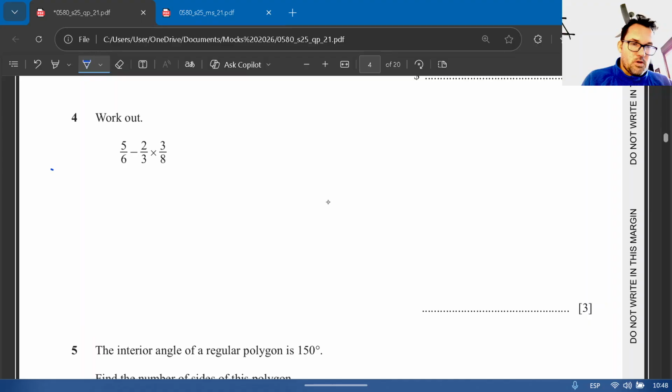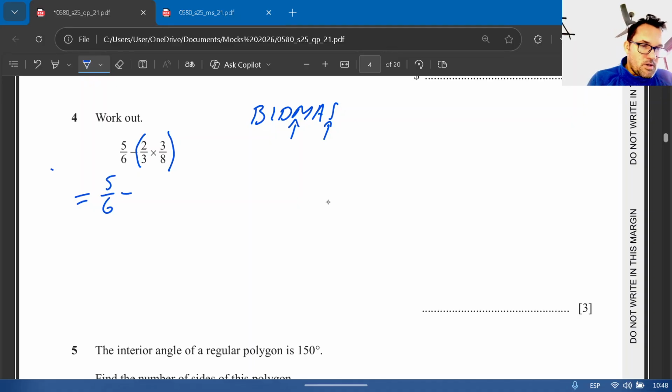fractions. Important, always remember BIDMAS. We need to do the multiplication before we subtract. So the 5/6 and the minus can just hang around for a bit. We're going to do this first. There's two ways of doing this.